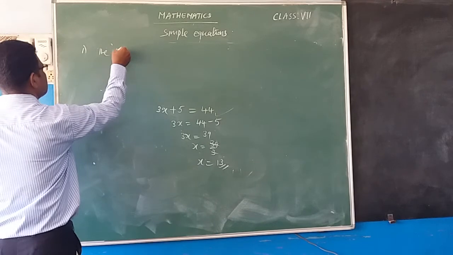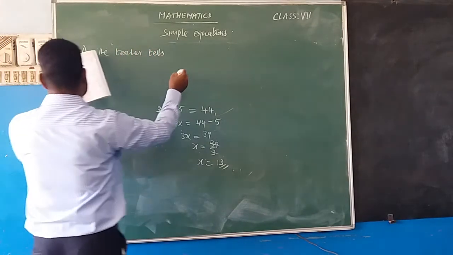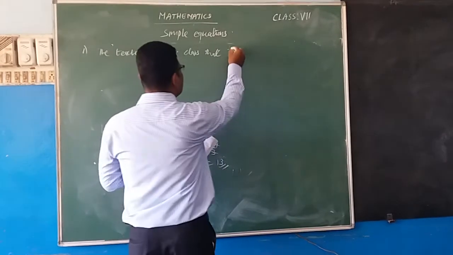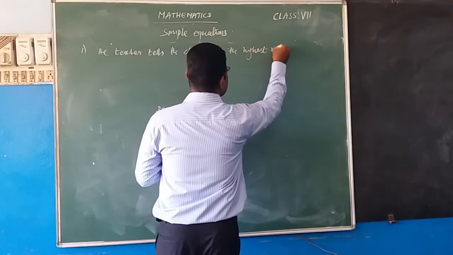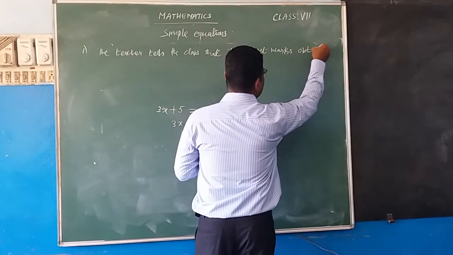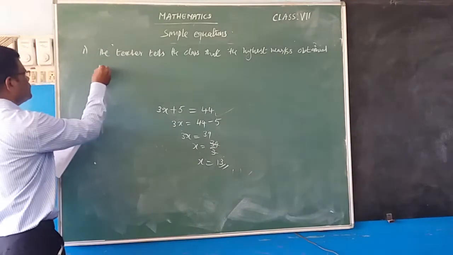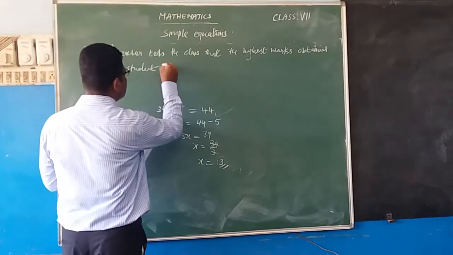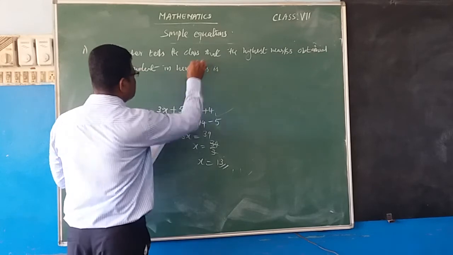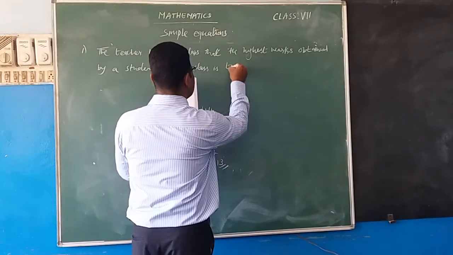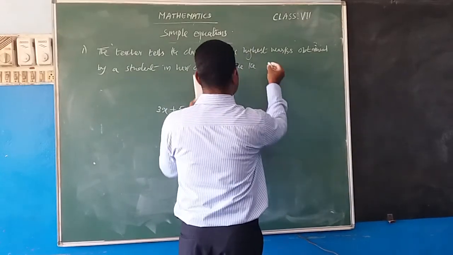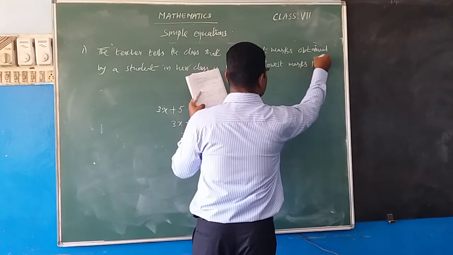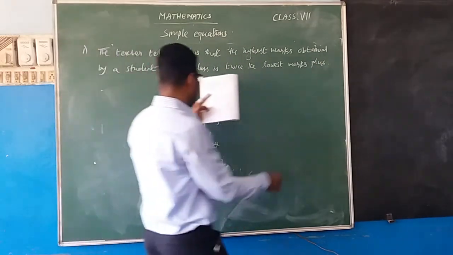So the teacher tells the class that the highest mark obtained by a student in her class is twice the lowest mark plus 7.